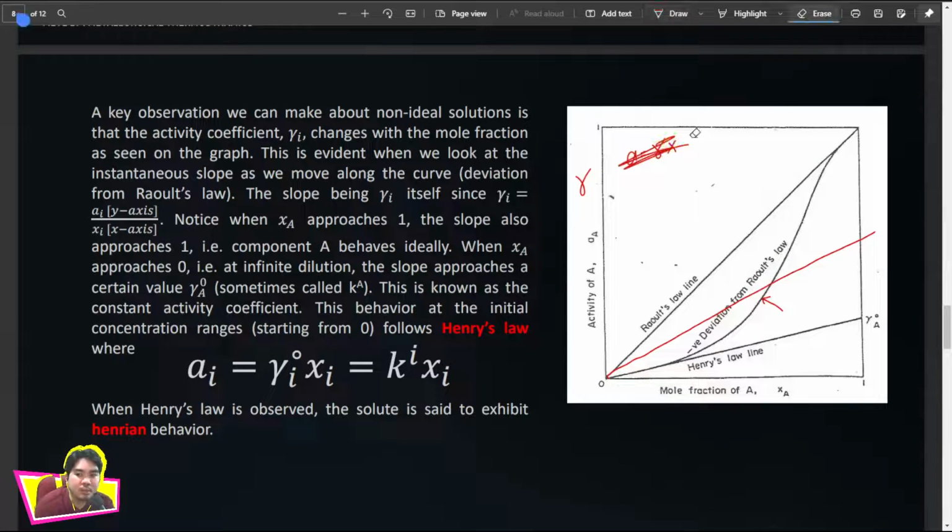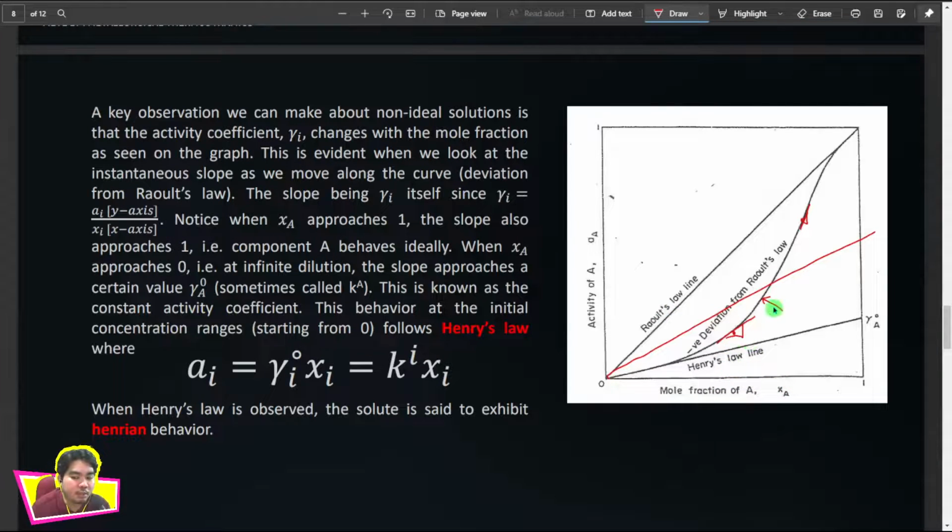So if you look at it, if you say for example take this point, ang instantaneous slope niya dito, if you take the instantaneous slope nito, it's different from the slope dito. Tama? This is smaller, this has a smaller slope, this is a larger slope. So meaning yung activity coefficient is also a function of mole fraction, no?